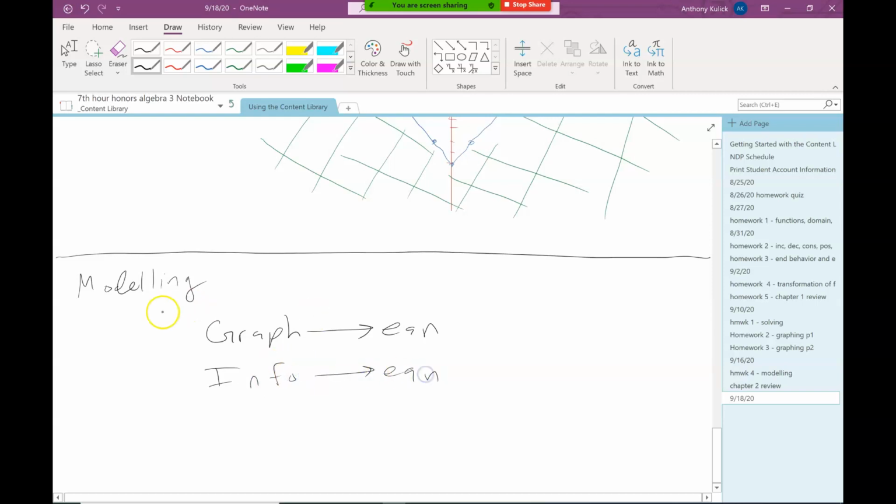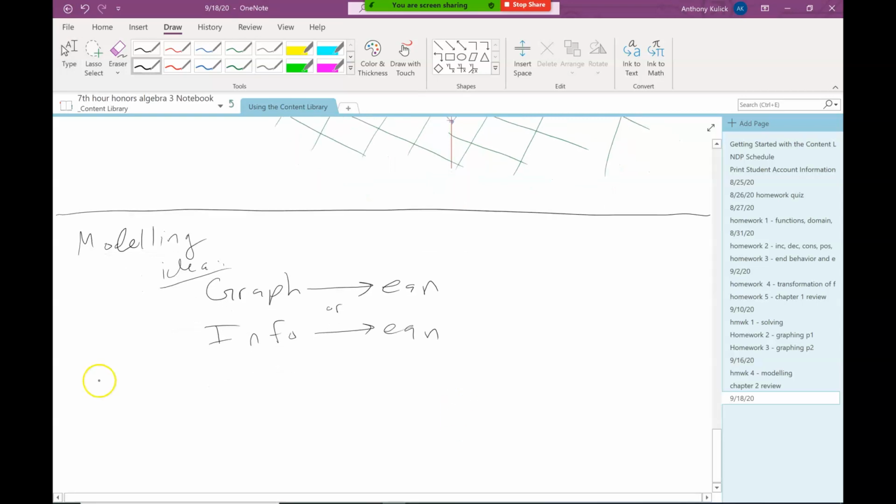So the idea here is that we're going to go from a graph back to an equation, or some information about the graph and back to an equation. So let's look at an example.